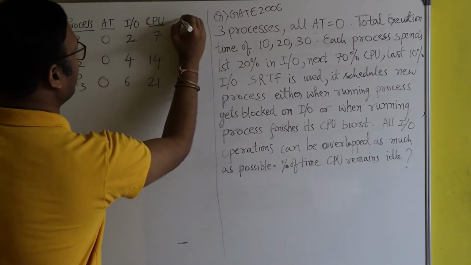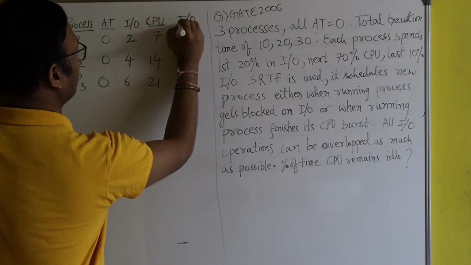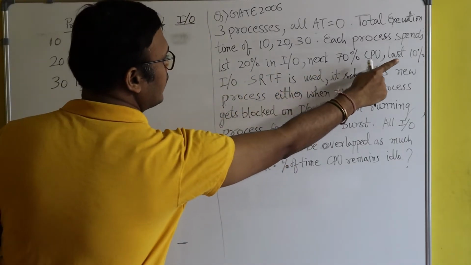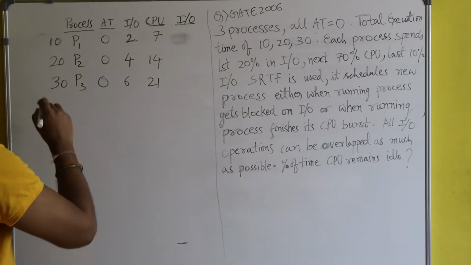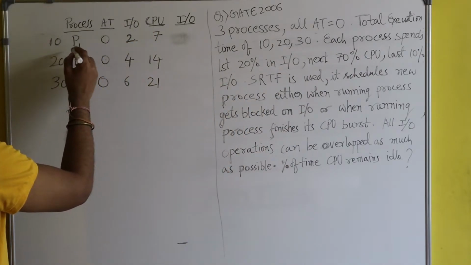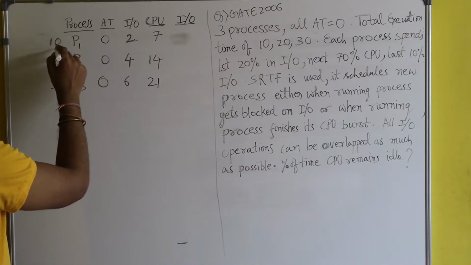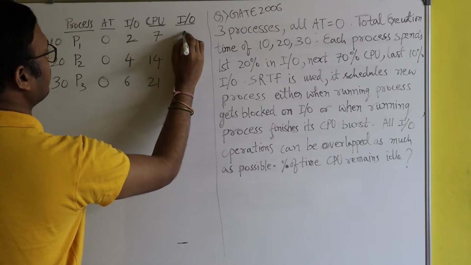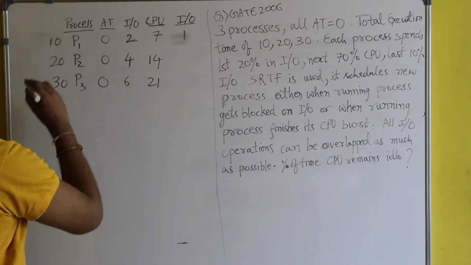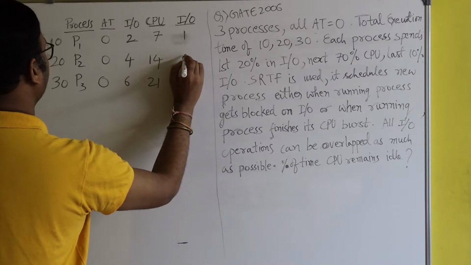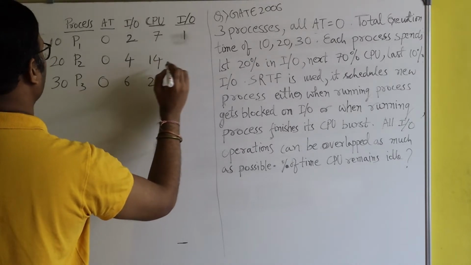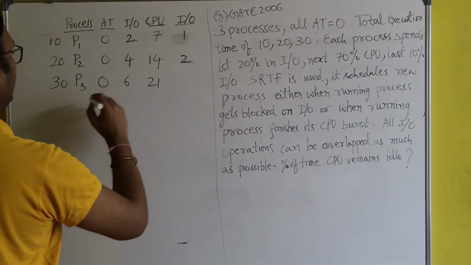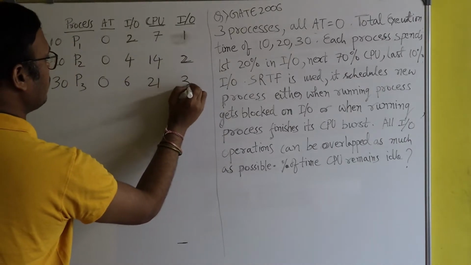And again here will be I/O: the last 10% in I/O. What is 10% of 10? It's 1. Same for P2 and P3. 10% of 20 is 2, and 10% of 30 is 3.